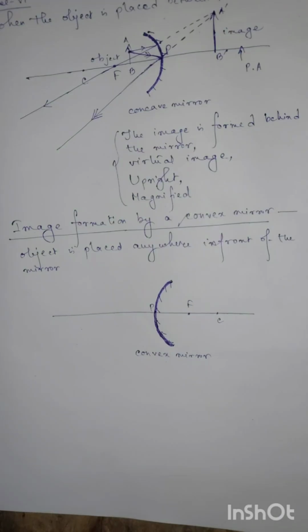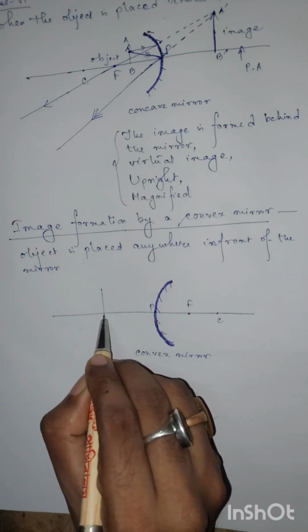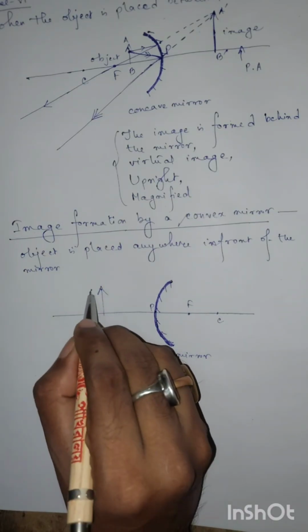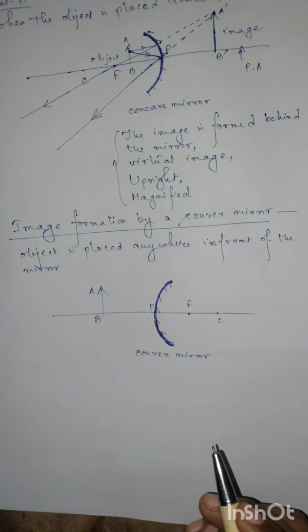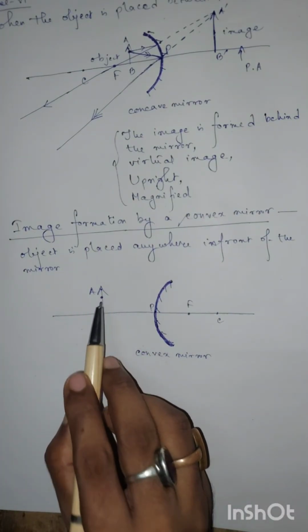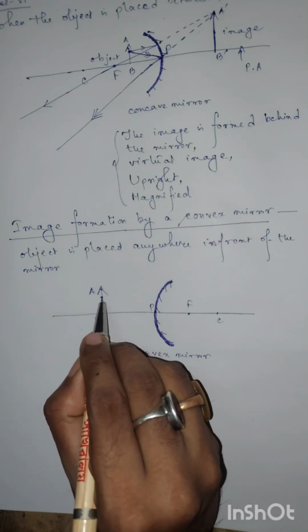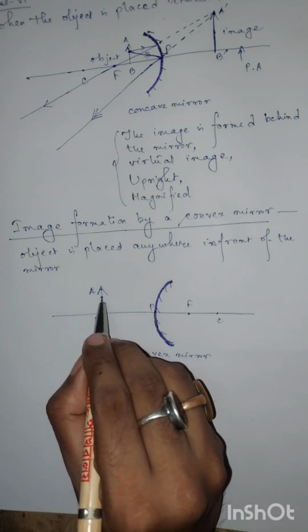Now let us put an object in front of the mirror, and let us consider one point. So two rays are coming out of this point.